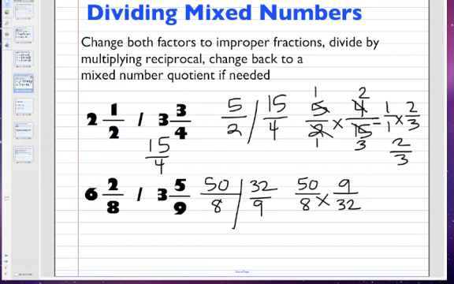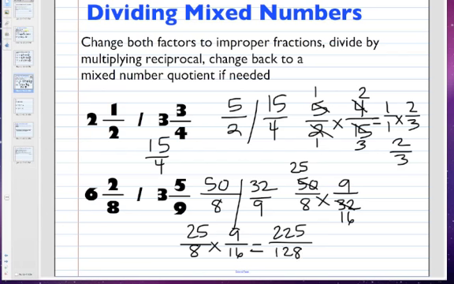So now 50 and 32 both share a factor of 2, so I'm going to have 25 and 16. So I have 25/8 times 9/16. So 25 times 9 would be 225. And 8 times 16 would be 128.